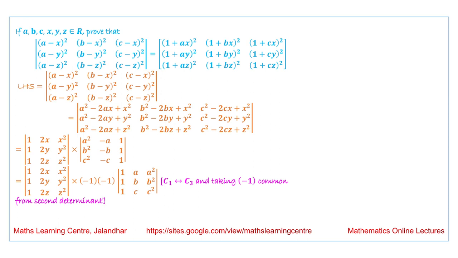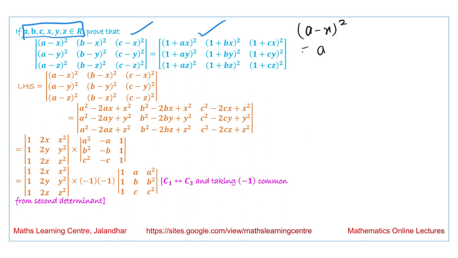Next, we have to show that if a, b, c and x, y, z are real numbers, this determinant is equal to this value. Talking about how to approach this question, if we look at the terms, it is a minus x whole square.